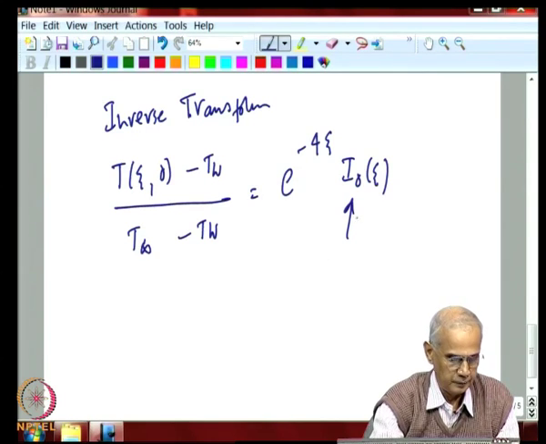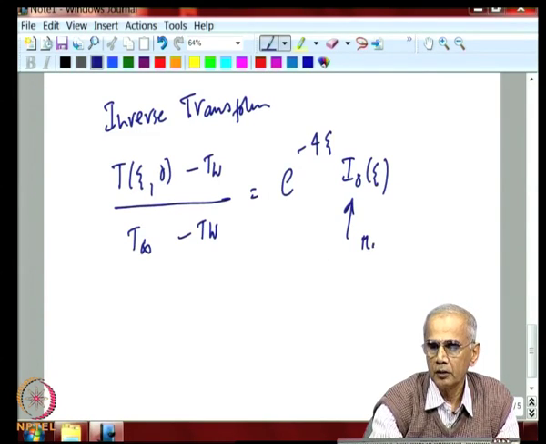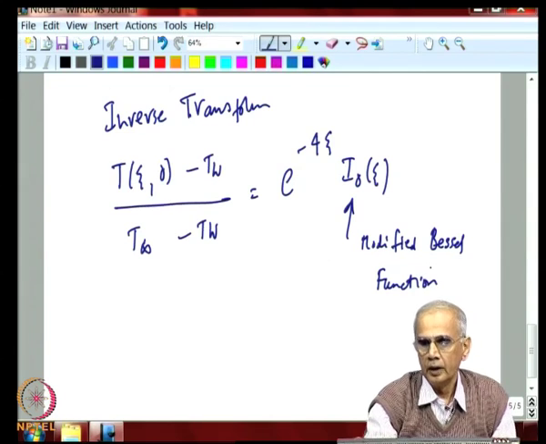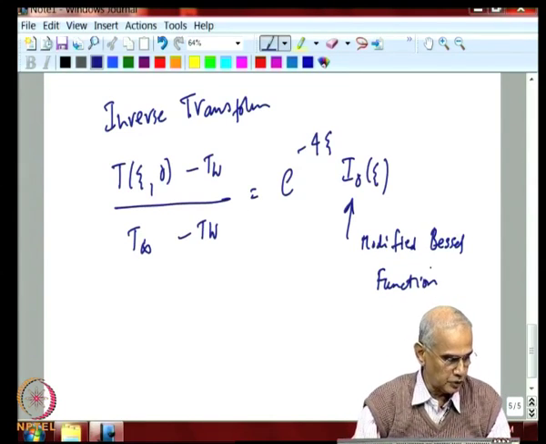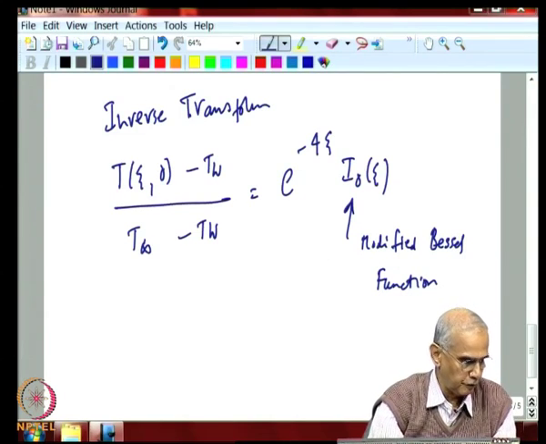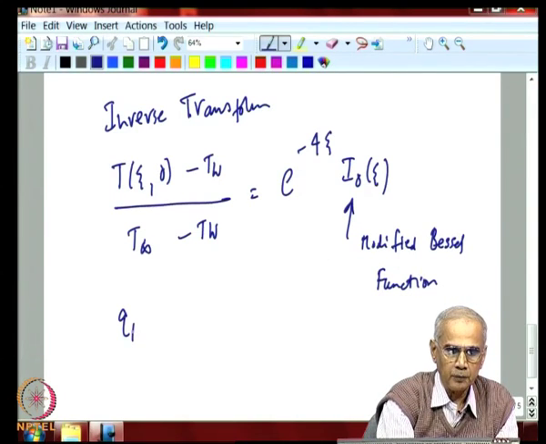This is the Bessel function, or more correctly the modified Bessel function, and this is well known and is available in most textbooks. And once you got that, you substitute back in the equation for flux, and you get the flux at the wall, which is what we want.